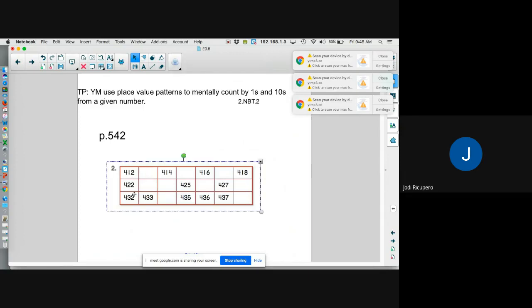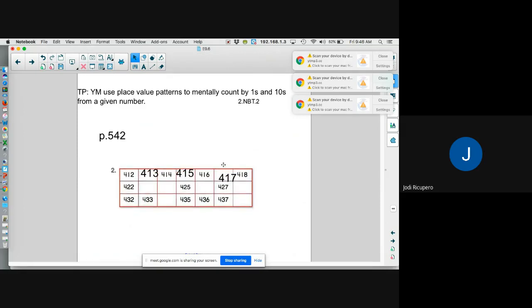Then we have 413, 414, 415, 416, 417, 418. I can even go down by 10.